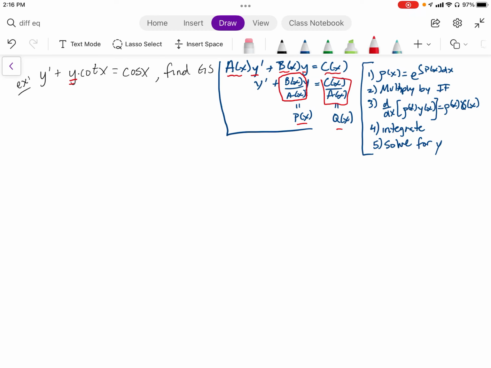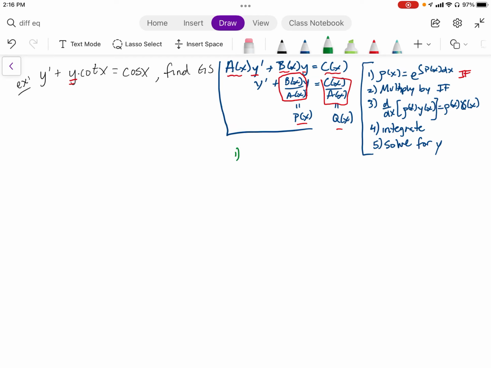So let's dig in. Step one, we have to define the integrating factor. The integrating factor is defined by rho of x. We take e to the power integral p of x dx. I'll often do this to the side because it is a side step of finding what rho of x is.